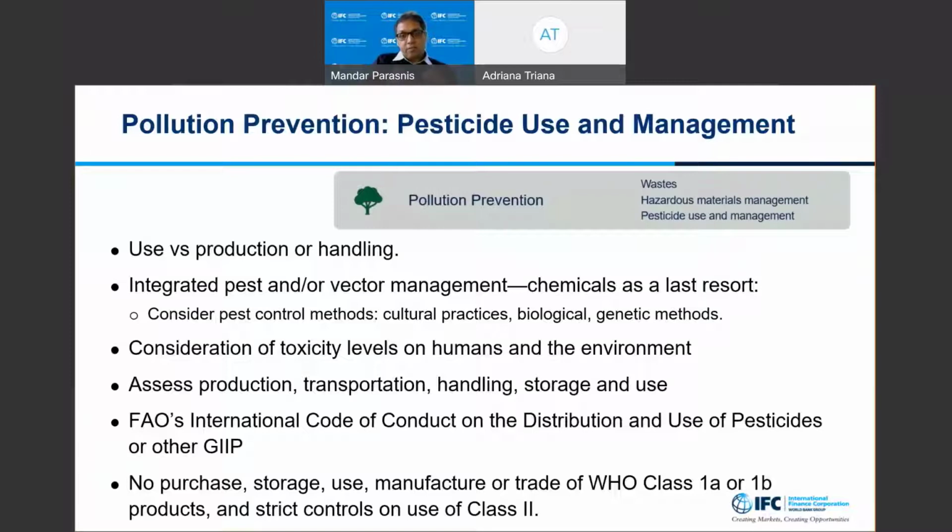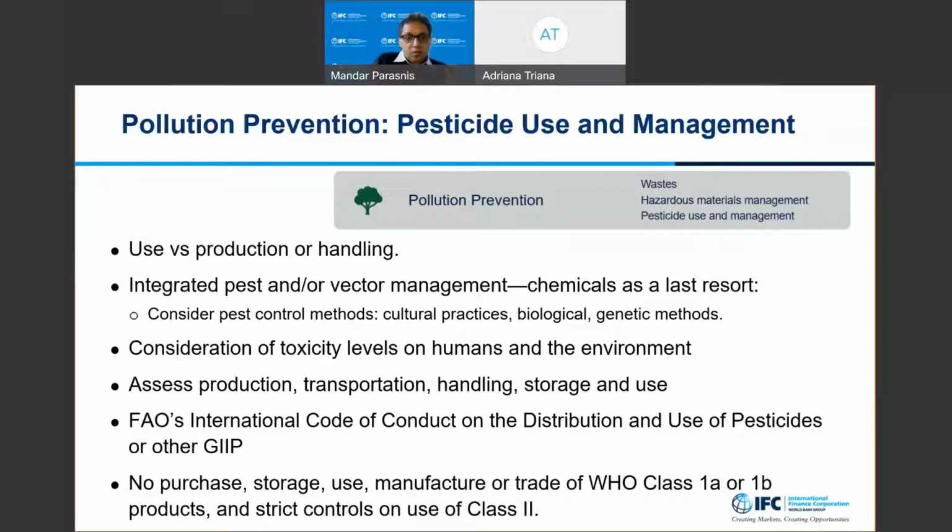Consideration of toxicity levels for humans and the environment has to be made, especially again as a part of project assessments, impact assessments, any health impact assessments needed while designing these aspects. As mentioned earlier, assess the production, transportation, handling, storage, and use. Look at the entire value chain, but the focus is on, again, integrated pest and vector management, let's say in an agriculture project.